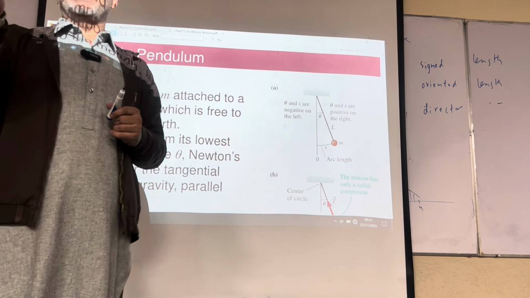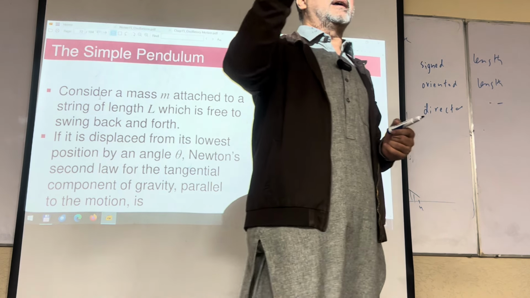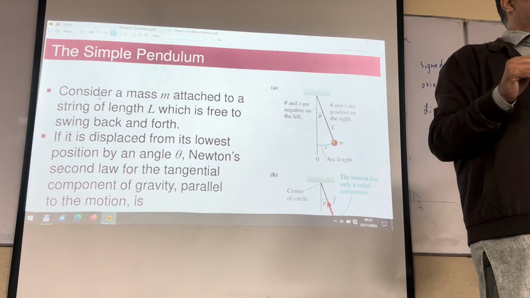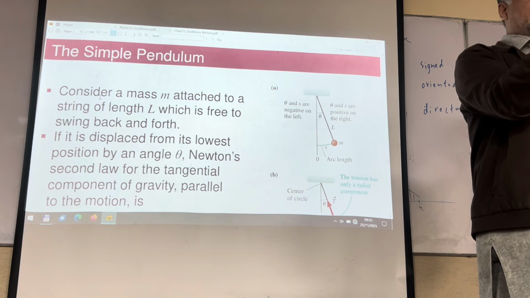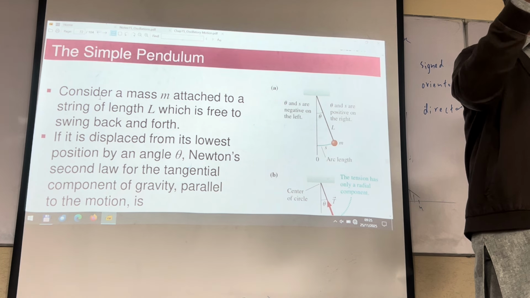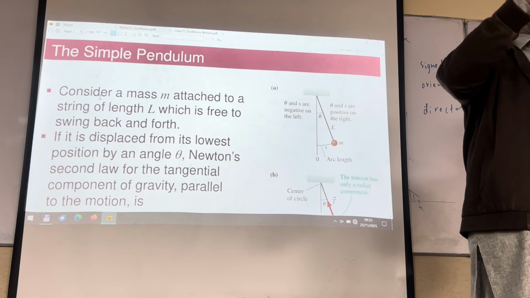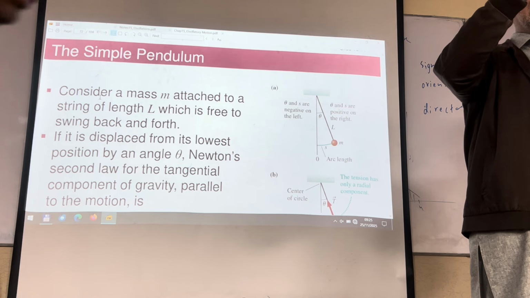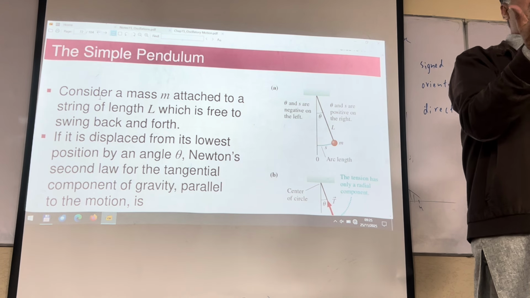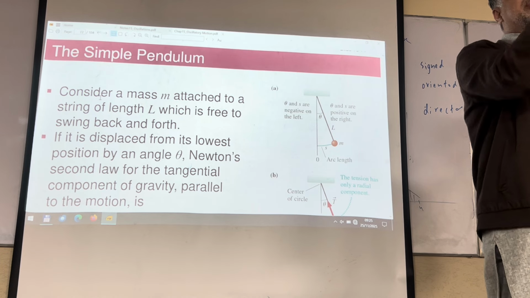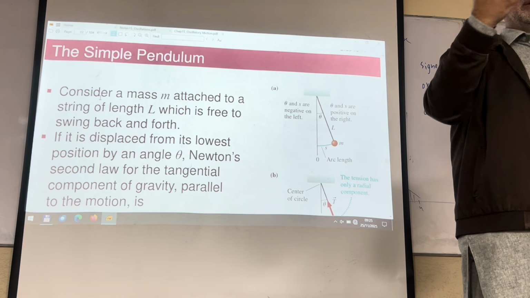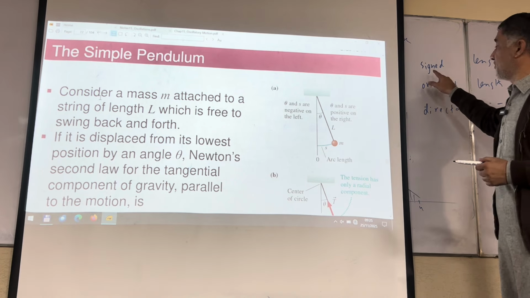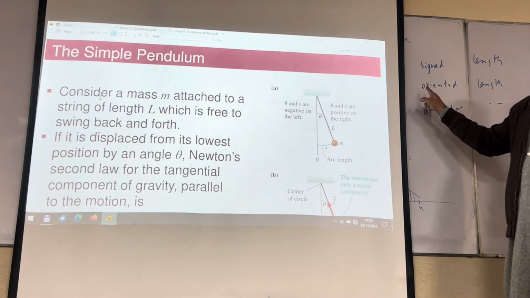Just like area, we typically talk about area as being only positive. But if you use the normal to a surface, the area will be positive if the normal is outside, and if the normal is inside, the area is negative. We even have signed areas, oriented areas.